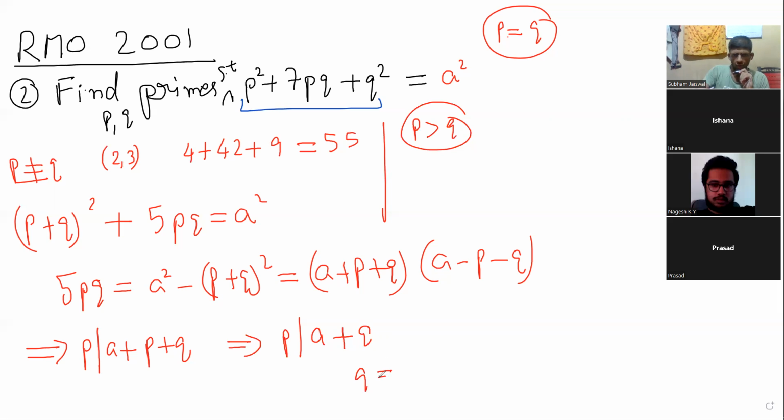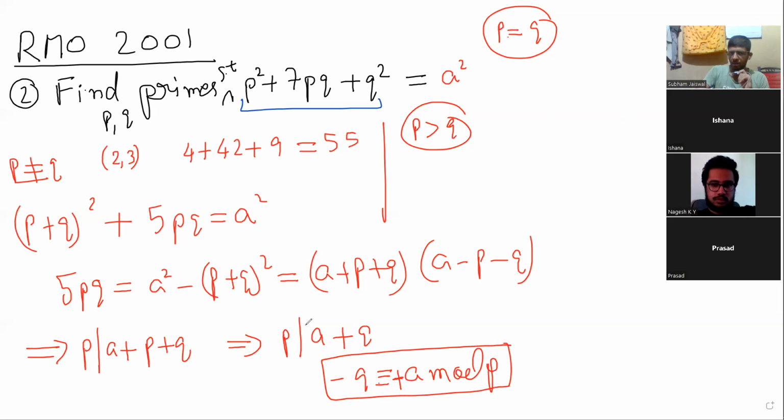We are getting that A is congruent to minus Q mod P. That's what we are getting, right? So P divides A plus Q, so A will leave a remainder minus Q.